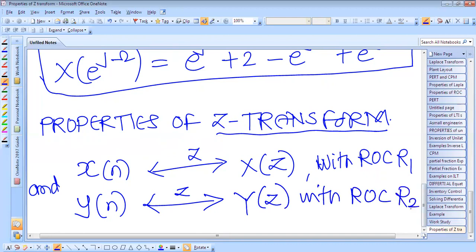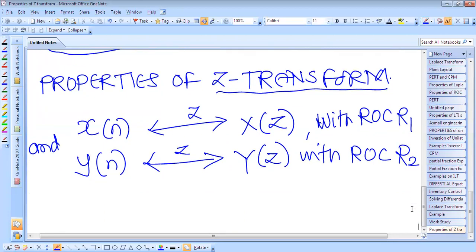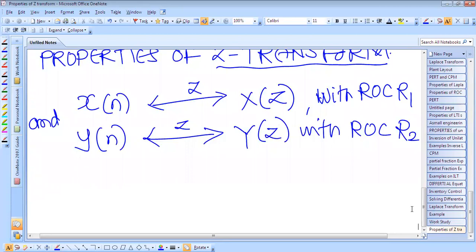So the ROC is changed by certain operations. The region of convergence is changed by certain operations, and the general form of the ROC is a ring in the Z plane.